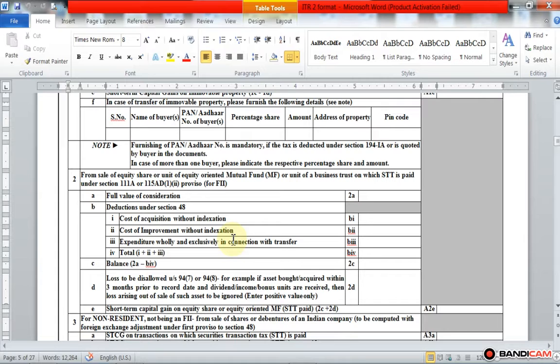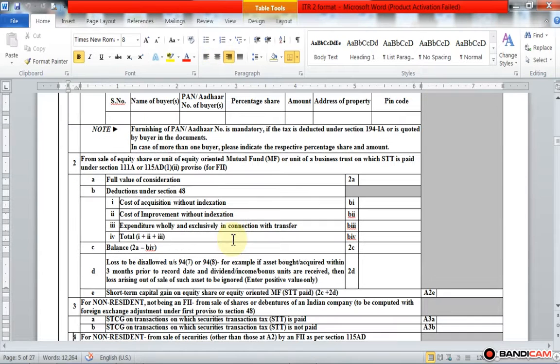Then we discuss the sale of equity shares or units of equity oriented mutual fund. Here we studied that shares or units are sold by the assessee, then full consideration, then deduction under section 48. The assessee gets an amount after selling the equity shares, which is called full consideration.